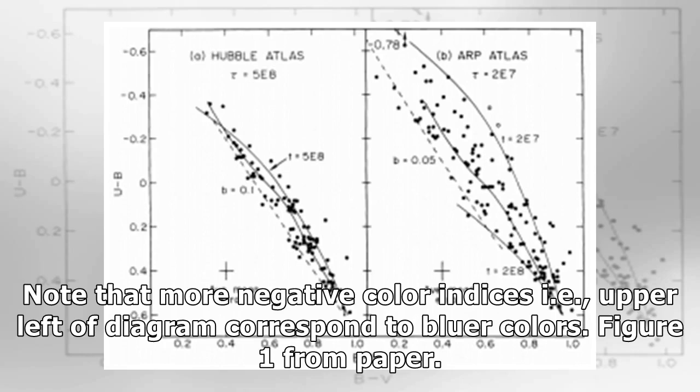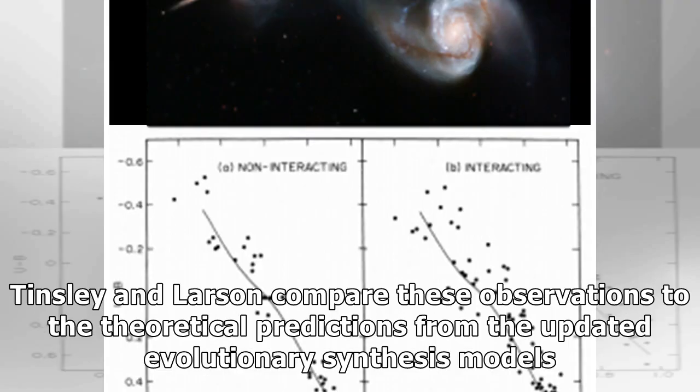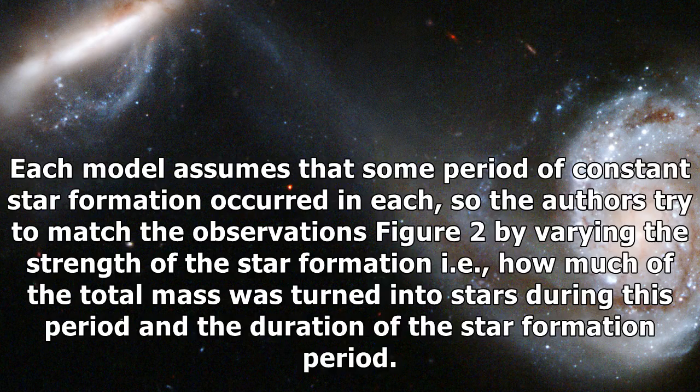Figure 1 from the paper. Tinsley and Larson compare these observations to the theoretical predictions from the updated evolutionary synthesis models. Each model assumes that some period of constant star formation occurred in each galaxy, so the authors try to match the observations, Figure 2, by varying the strength of the star formation, i.e., how much of the total mass was turned into stars during this period, and the duration of the star formation period.